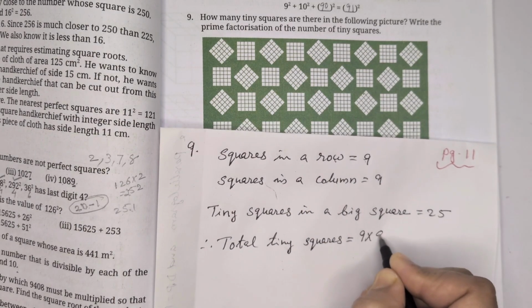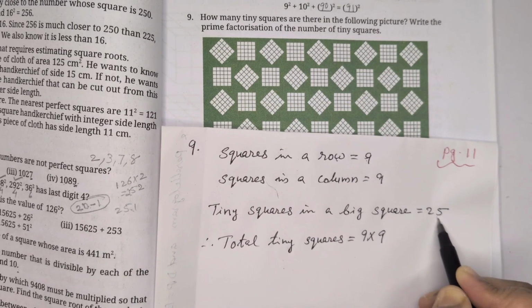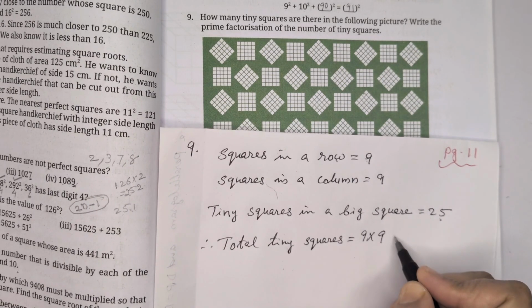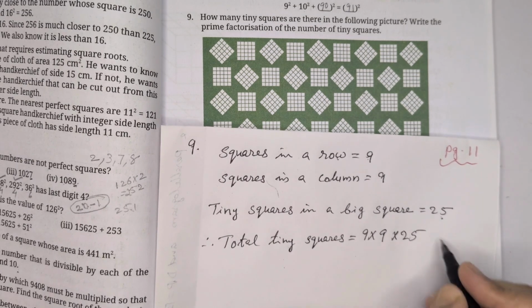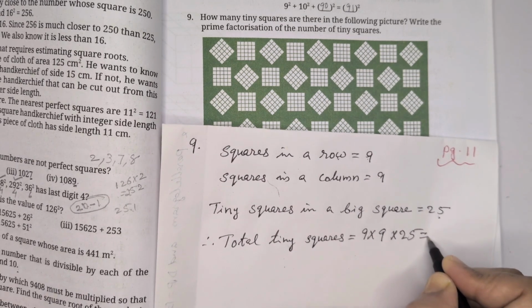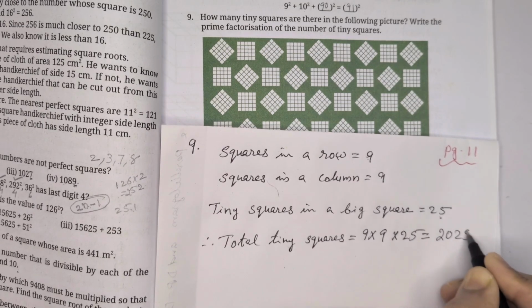So 9 into 9, and each square has 25 tiny squares. So we are getting the answer 9 into 9 into 25 is equal to 2025.